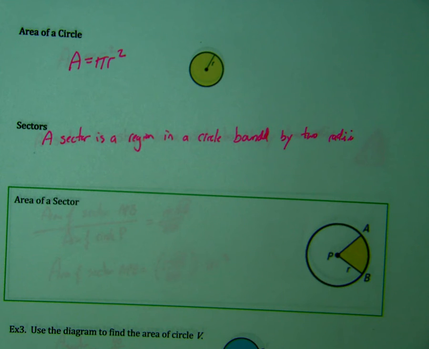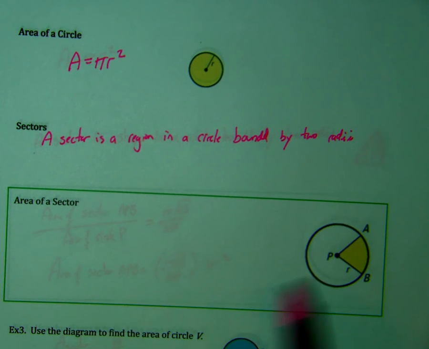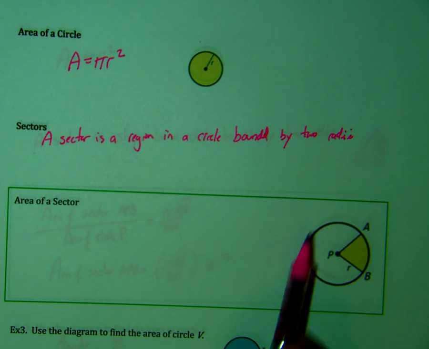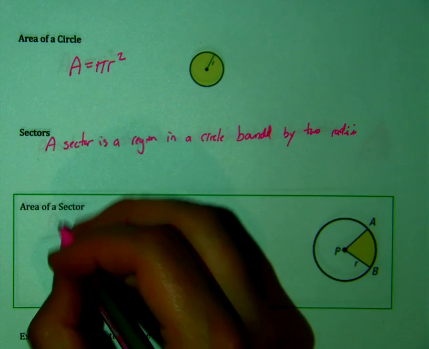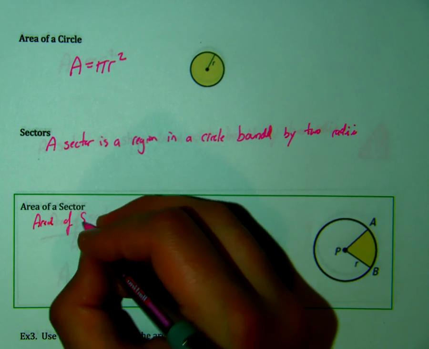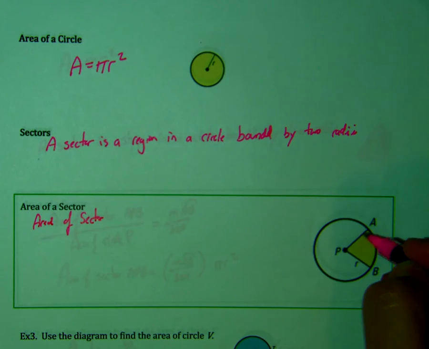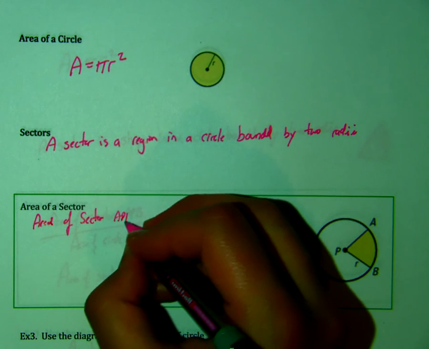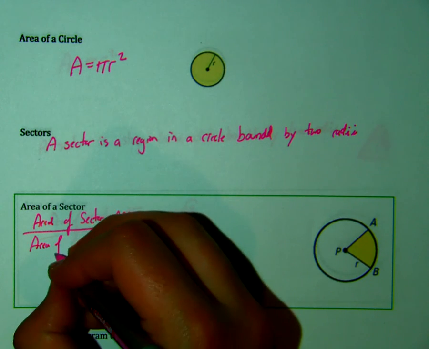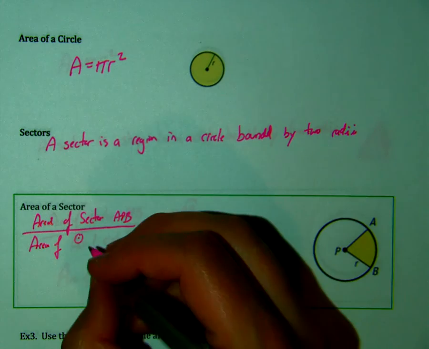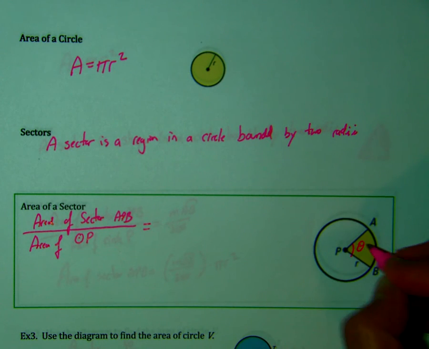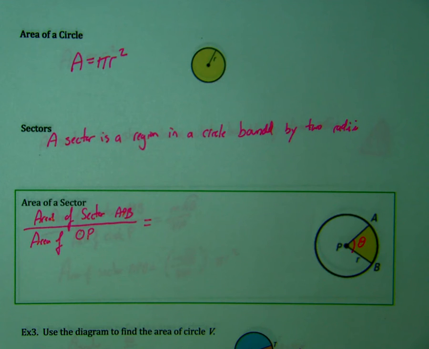And hopefully you have a little piece of deja vu because we have a very similar situation here. So this pizza slice is just a fraction of the whole circle. So the area of sector APB is some fraction of the area of circle P, and that fraction is equivalent to whatever fraction is cut out of that circle.